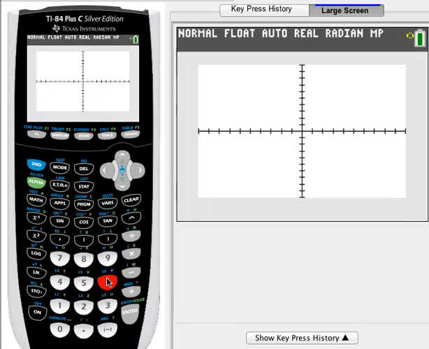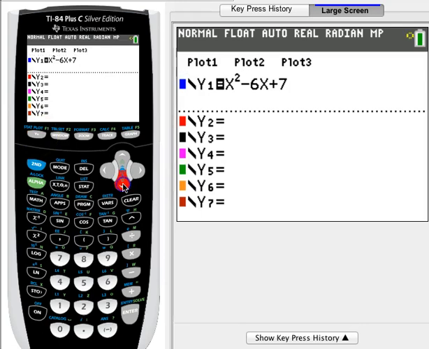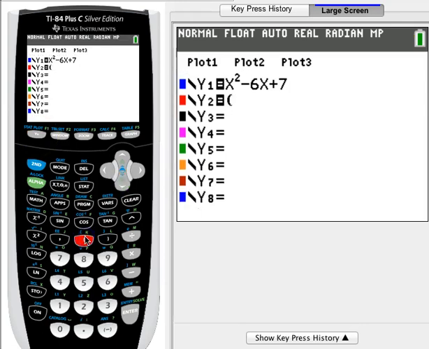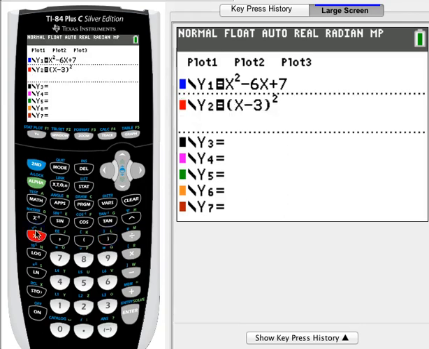All right, so let's graph that. That's my original equation. And now I've transformed that equation into something else. I've transformed it to look like this: x minus 3 squared minus 2.